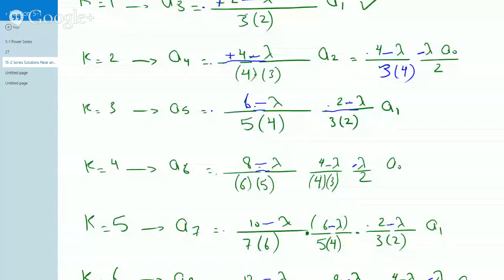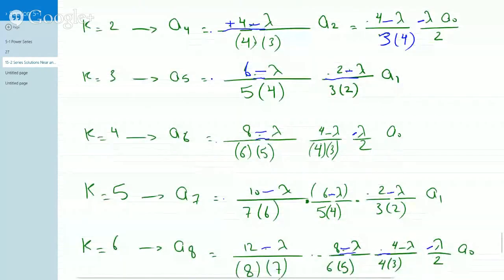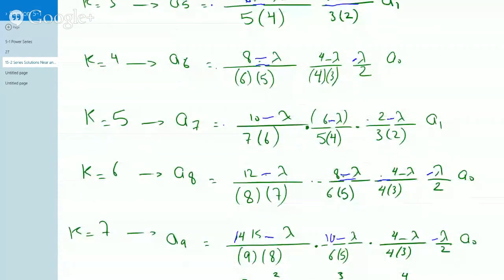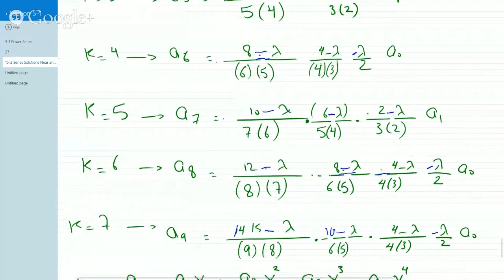And what that gets you is a6, which is lambda times lambda minus 4 times lambda minus 8 over 6 factorial, precisely the case.